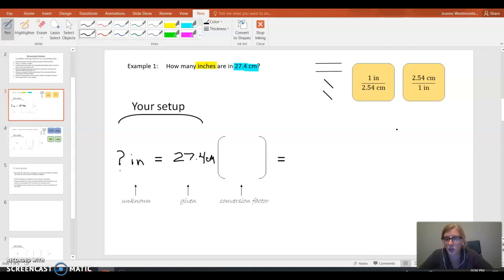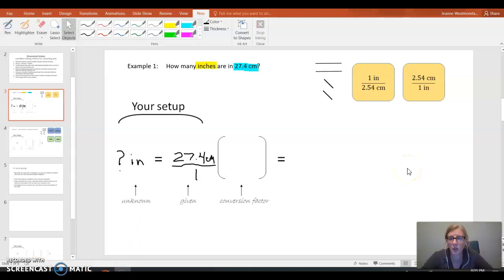When we write those fraction style ratios, I can either have the 1 inch in the numerator or the 1 inch in the denominator. When I'm choosing which one I want to use, you can think of this first value as being over an imaginary 1. I want to line up my fractions in such a way that my units will factor out or cancel as these fractions are multiplied by each other.